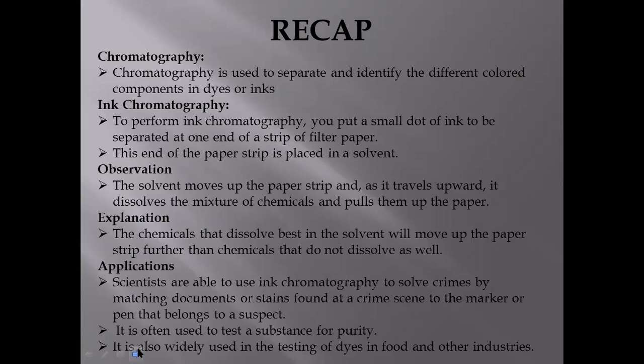As water moves up the paper strip, it dissolves the mixture of color components and pulls them up the paper. The color components that dissolve most in water will move up the paper strip further than the color components that do not dissolve as well.